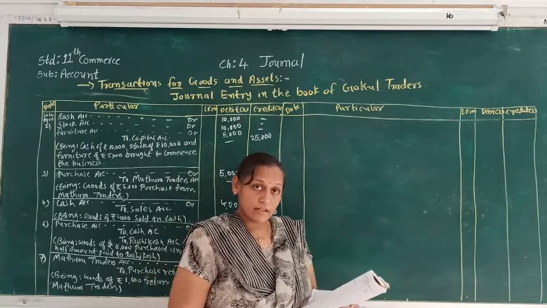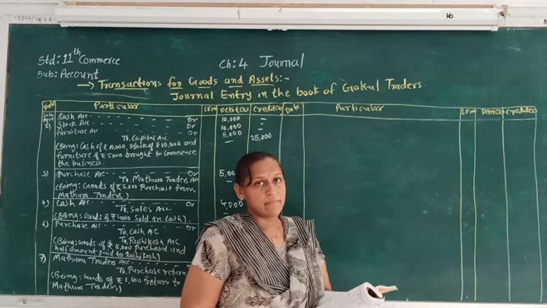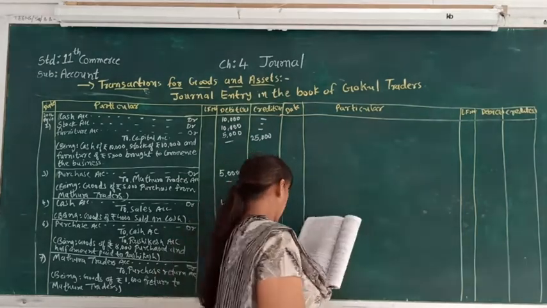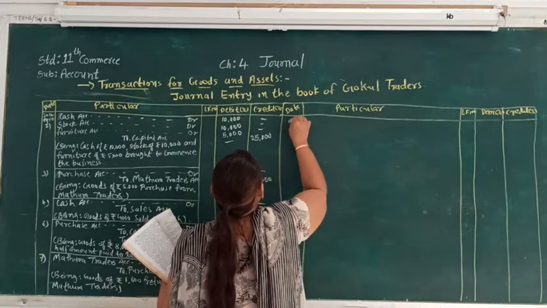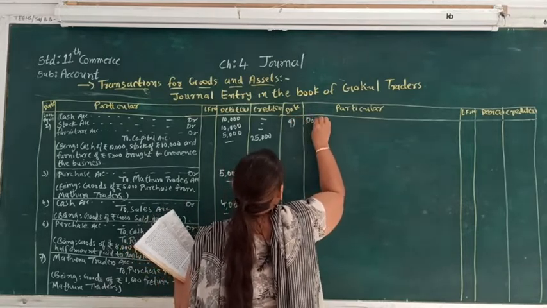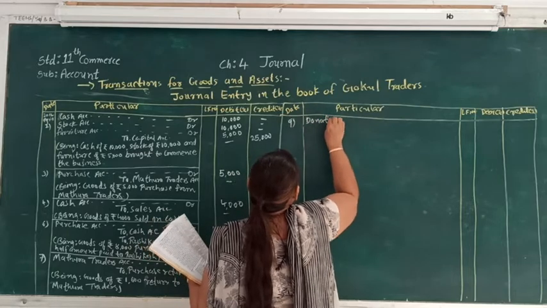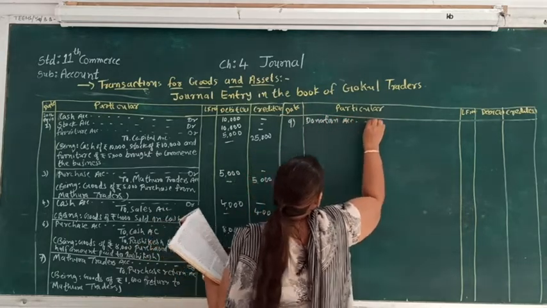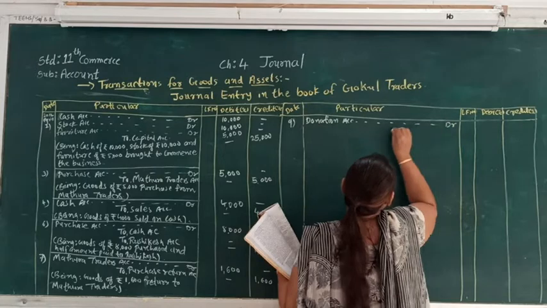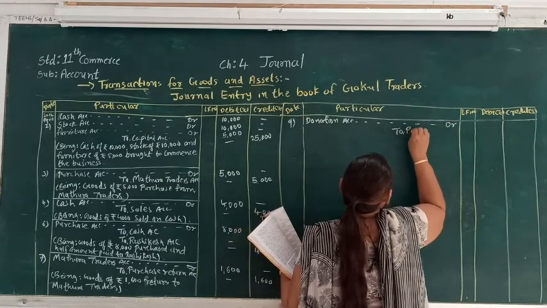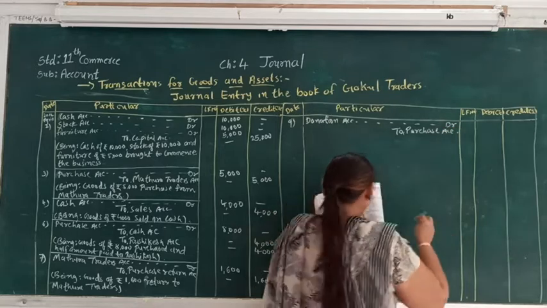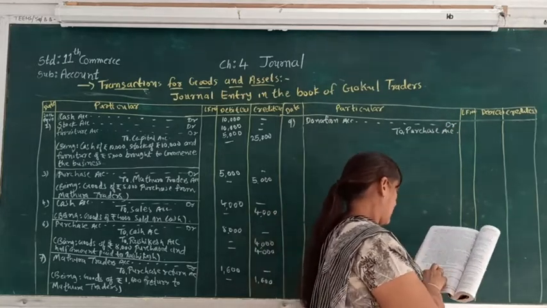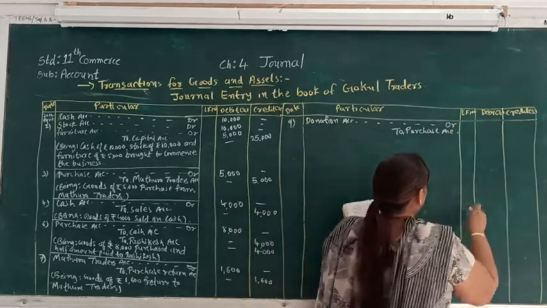So our journal entry will be donation account debit to purchase account on the 9th date, and that is of 600.